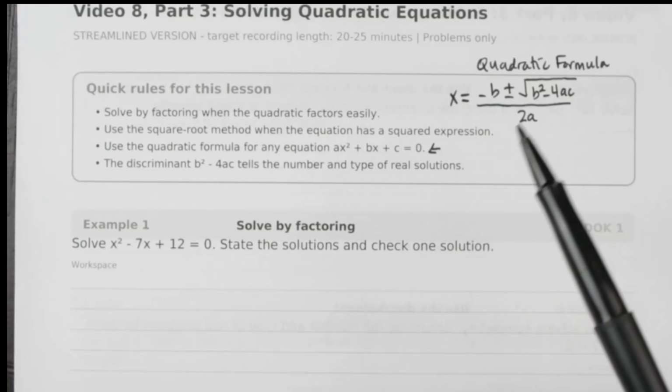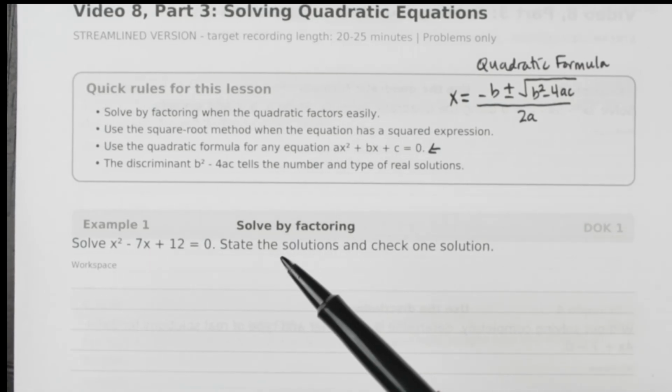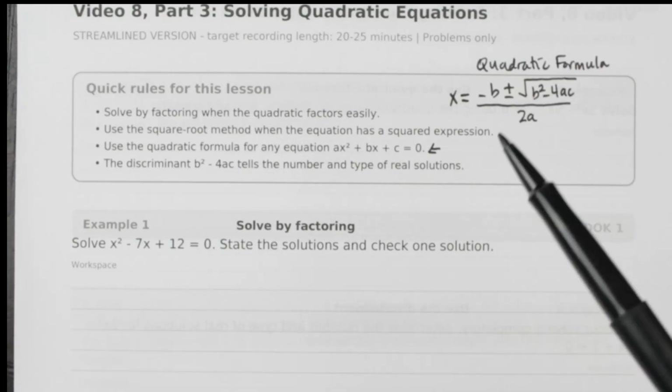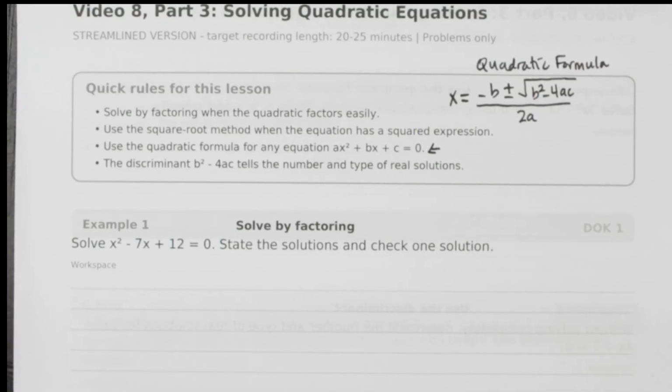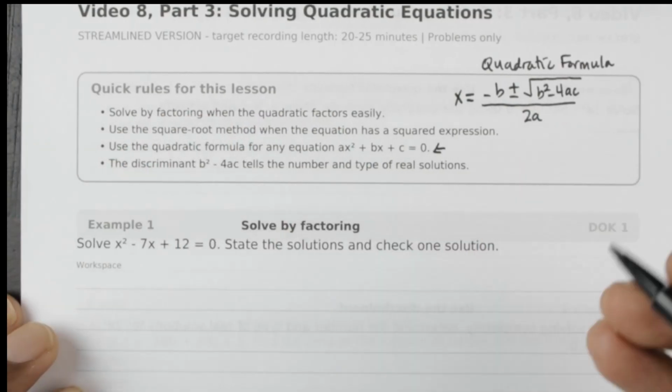This question says solve x squared minus 7x plus 12 equals 0. State the solutions and check one solution. So this quadratic factors very easily. We need two numbers that multiply to 12 and add to negative 7.